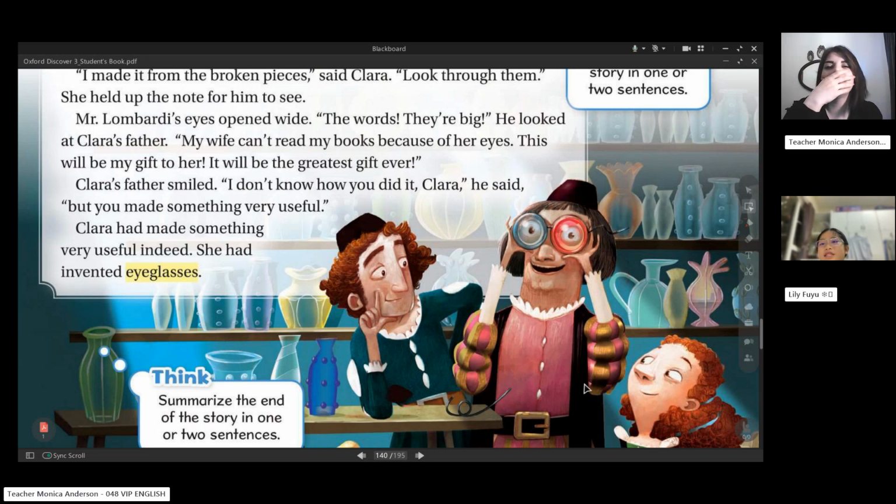She touched something and it fell down. It broke. Then she played with the broken glass. She looked through it and she saw it bigger. Yeah, just like that, of course.